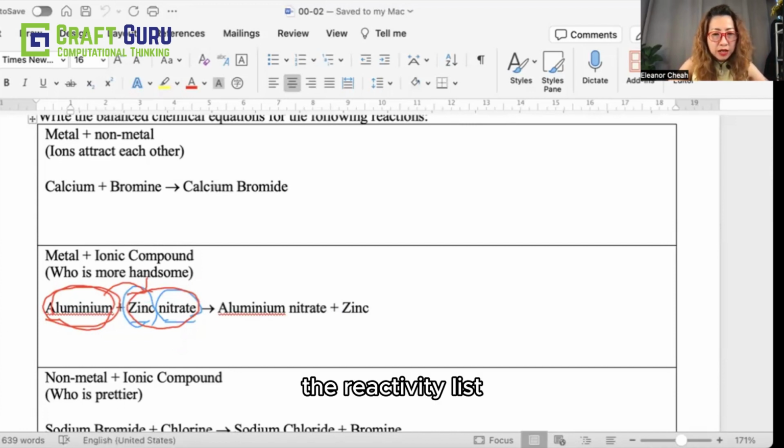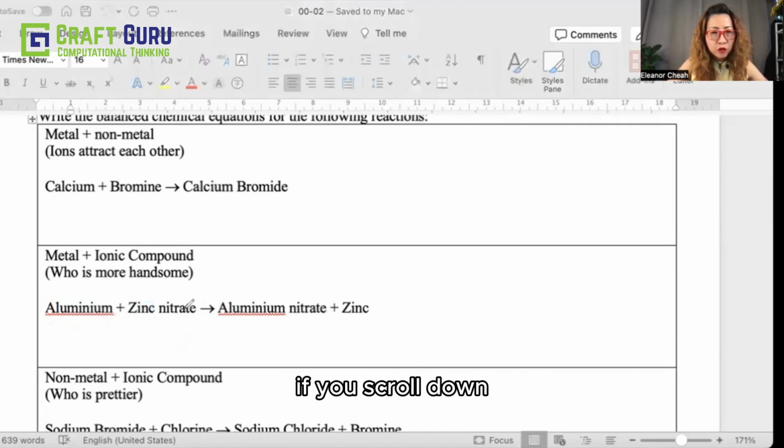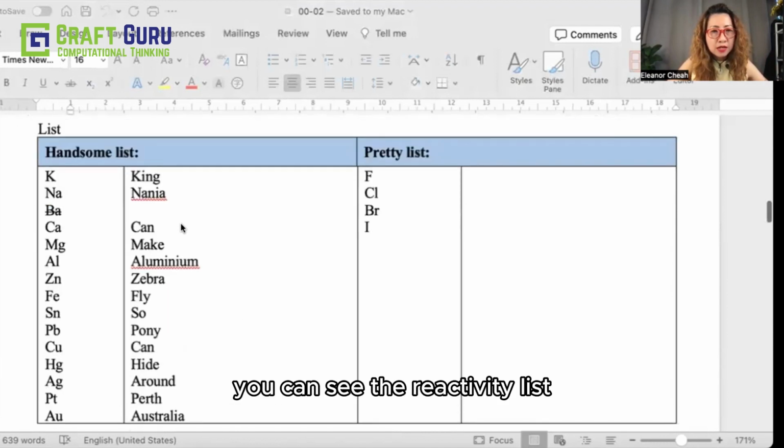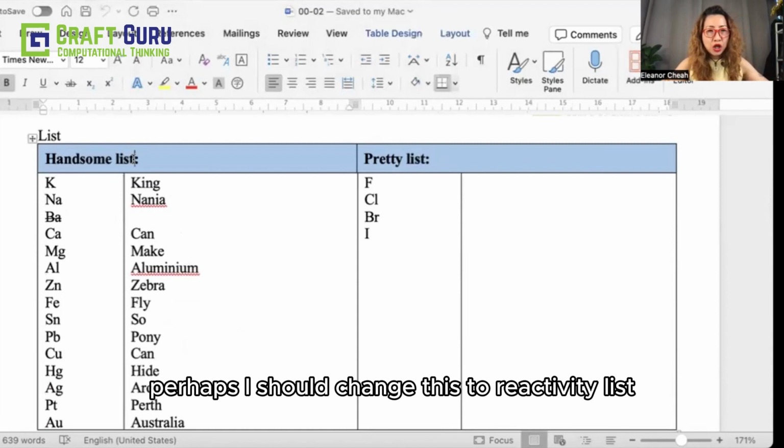The reactivity list I have summarized in this handout for you. If you scroll down, you can see the reactivity list. Perhaps I should change this to reactivity list.